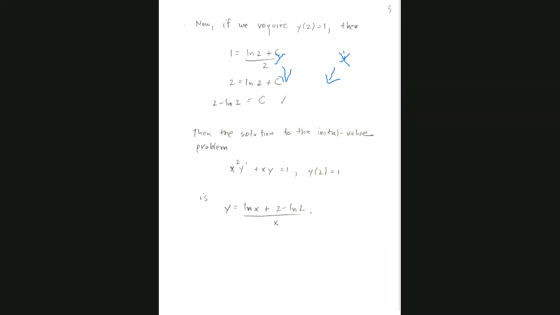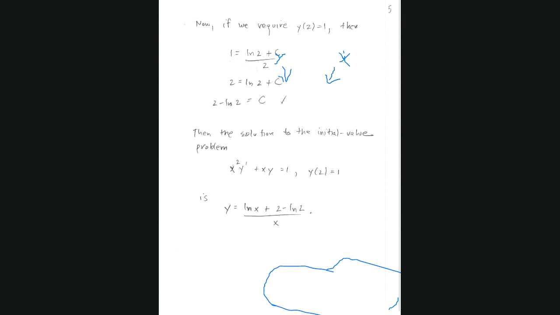And the solution to the initial value problem is going to be, well, when we have a differential equation and we include a condition with it, we call it an initial value problem, because we're putting in an initial value.